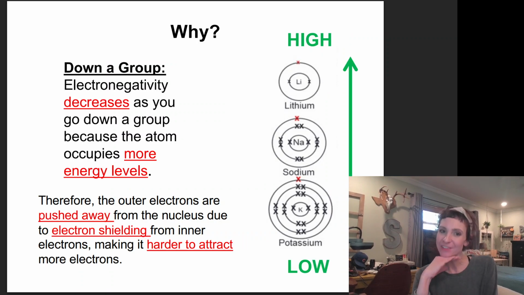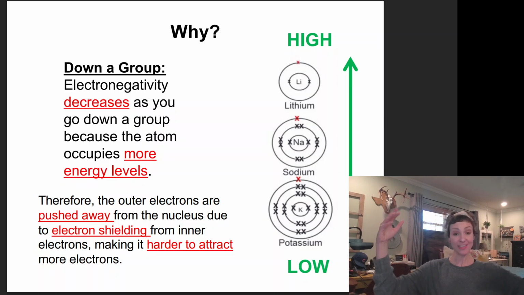Oh, my why for down a group. Electronegativity decreases as you go down a group because the atom, same thing I'm saying over and over again, occupies more energy levels. Therefore, the outer electrons are pushed away from the nucleus due to electron shielding from those inner electrons, which, y'all, is going to make it harder to attract more electrons.